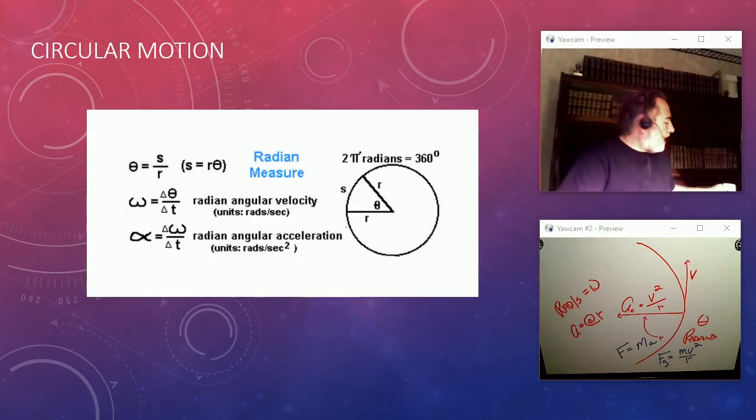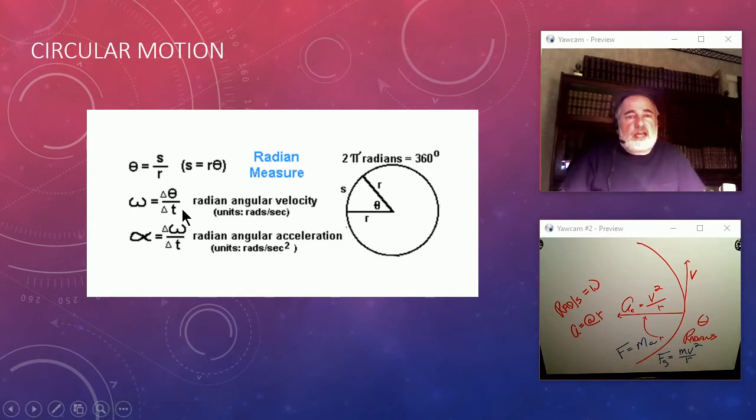So if we look at our curve, you can see here is defined the radius of the curve. This is an omega and this is alpha. And of course, omega is the change of the radians over time, rads per second. And as I said before, angular acceleration is rads per second squared.